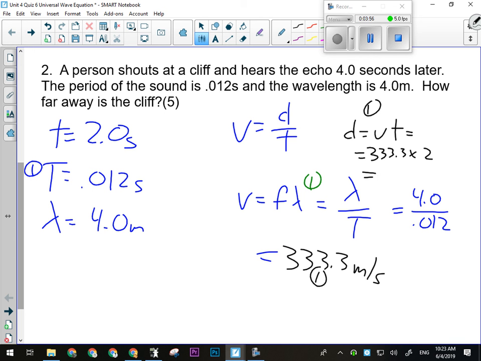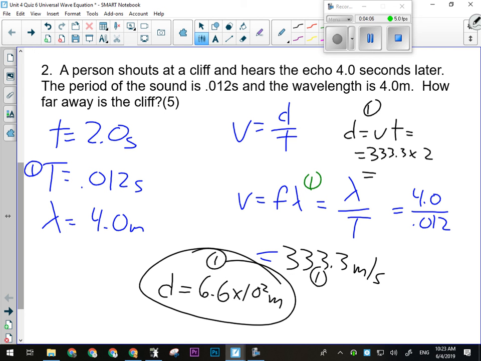All right, so our distance to the cliff is 6.6 times 10 to the 2 meters. We have 2 significant figures in that question. Sorry, 6.7, rounded. Sorry, my bad. Okay, 6.7 times 10 to the 2, that's your 5th and final mark.